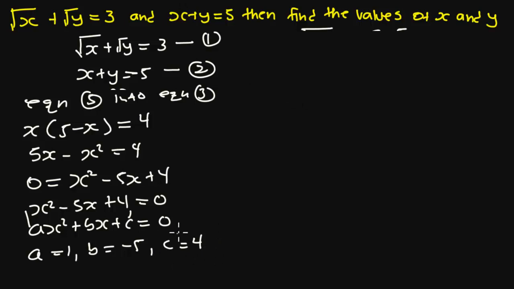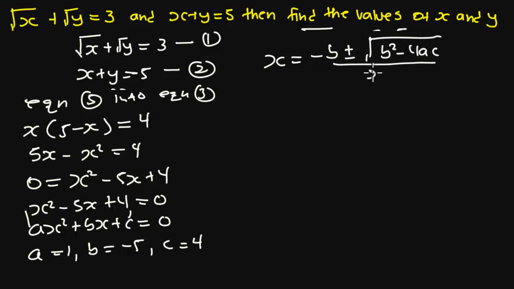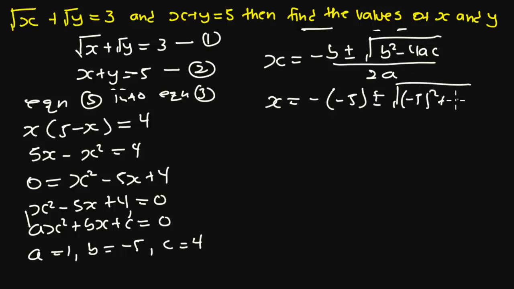And from here we are going to use the quadratic formula, which is given by x is equal to negative b plus or minus the square root of b squared minus 4ac all over 2a. So x is equal to negative b, we had negative 5, so negative negative 5 plus or minus the square root of b is negative 5 squared minus 4 times a is 1 and then c is 4, all over 2a, and then a is 1.